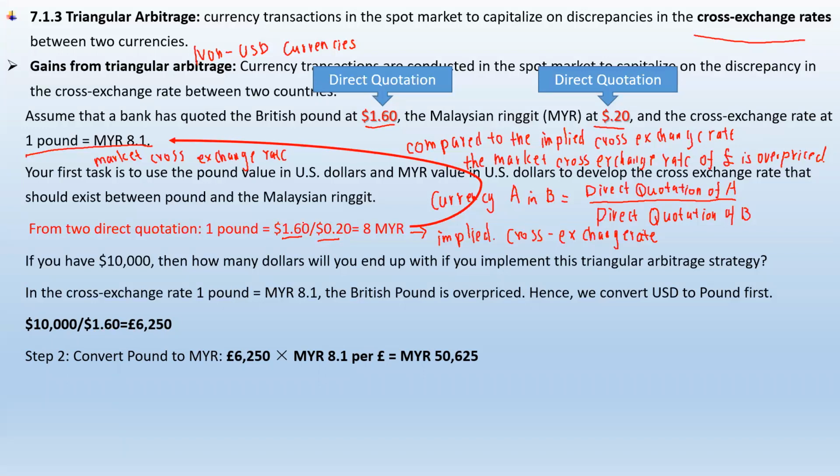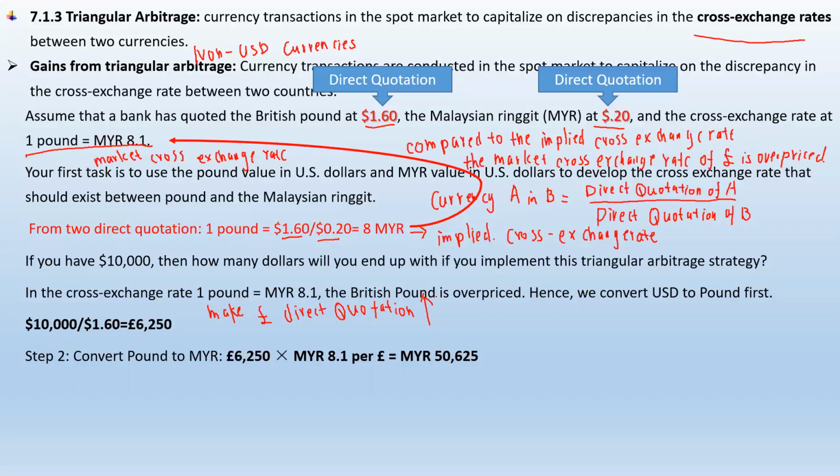In the first step, as we keep buying British pound, the British pound direct quotation will increase. Remember the demand and supply schedule? This will push the value of British pound up.